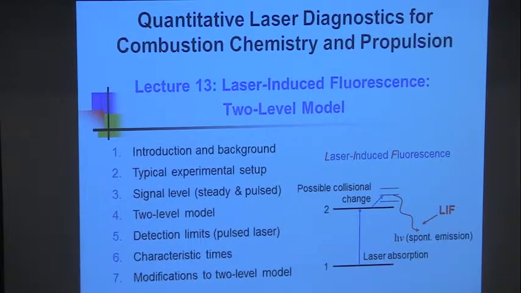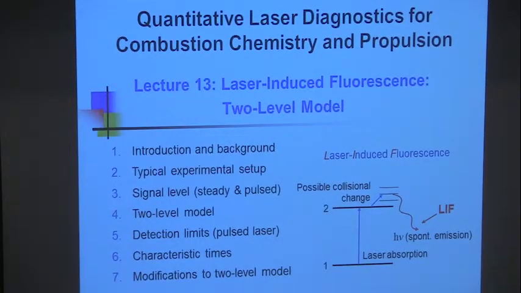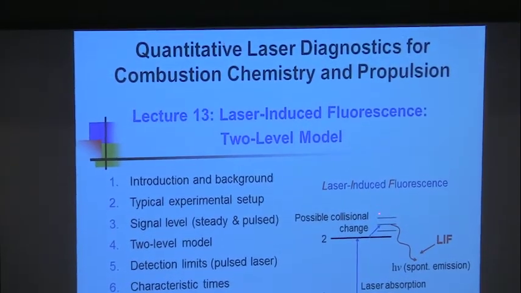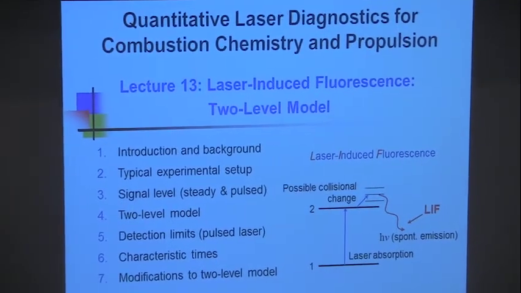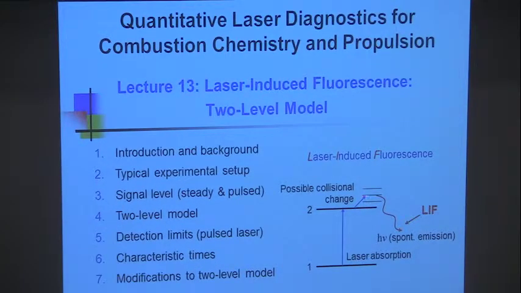That means they're slightly delayed by some amount of time. It also means that if there are some collisions amongst rotational levels, the emission may come from a different level than the one that was excited.